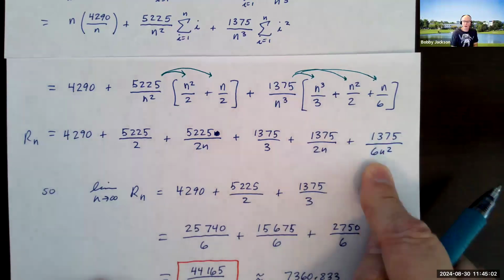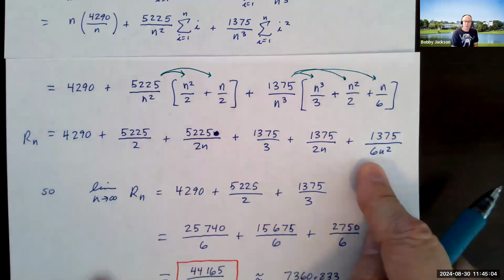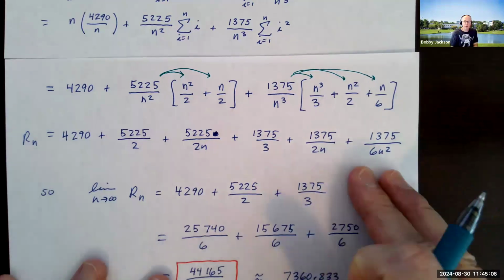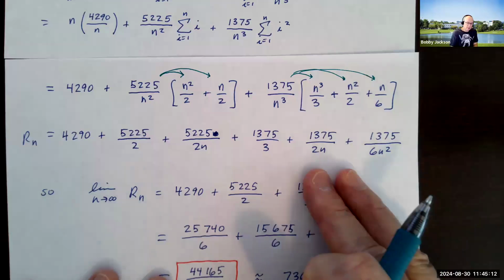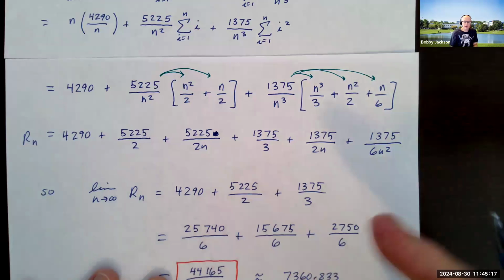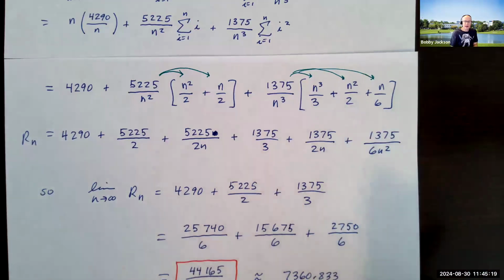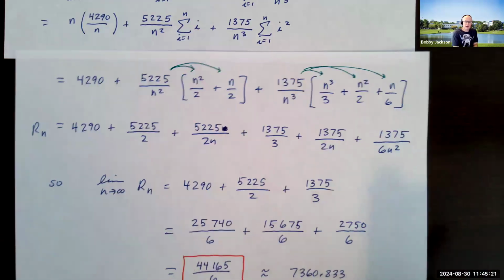So here's the sum. And I'm not going to simplify this by combining any like terms. I'm just going to go right to, this is R sub n. What they really want you to do is to find the limit, rather, of this as n goes to infinity. So as n goes to infinity, what's happening to our R sub n?